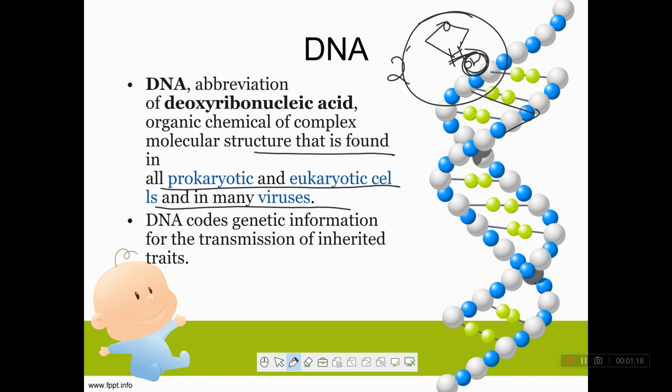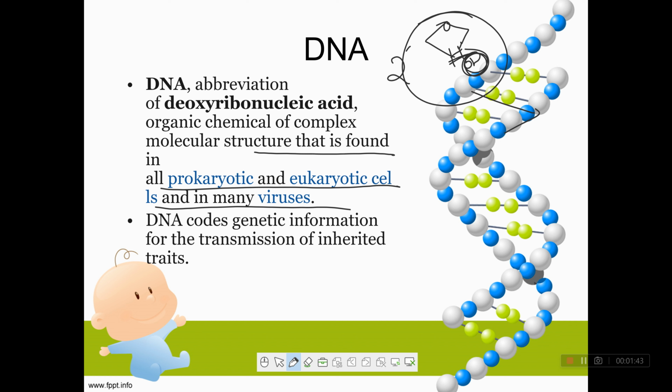DNA is the genetic material that codes the information of our body. Which type of protein will be synthesized and what type of enzyme will be formed in our body is all decided by this DNA, our genetic material.